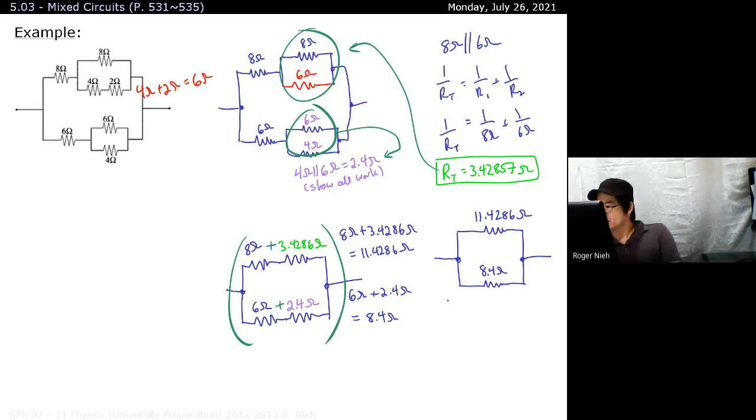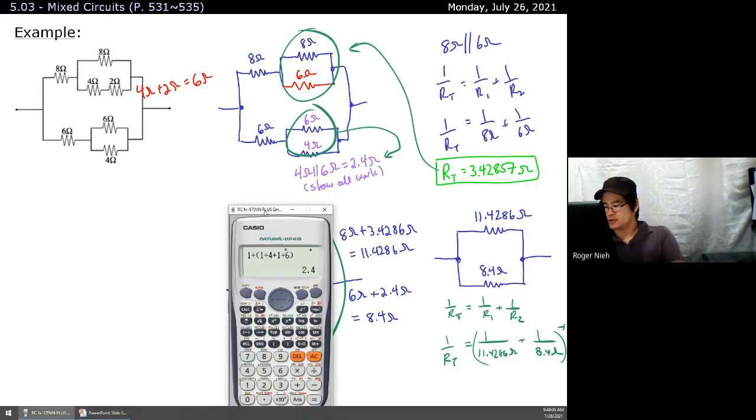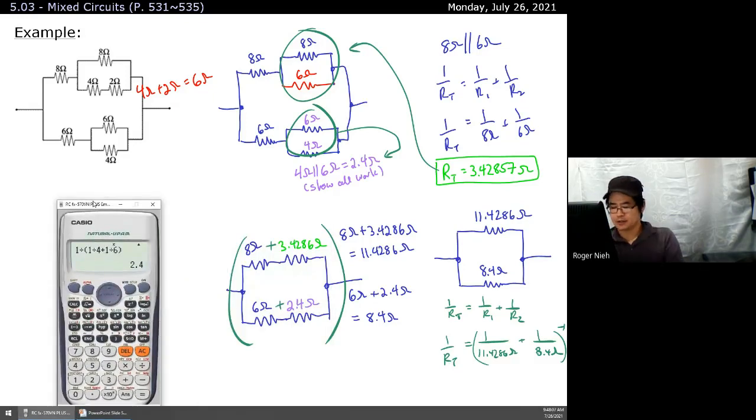We'll rinse and repeat one more time. 1 over RT is equal to 1 over R1 plus 1 over R2. So 1 over 11.4286 ohms plus 1 over 8.4 ohms. We're going to bring that to the -1, 1 over RT. And I'll show you the other button. Why not? Okay.